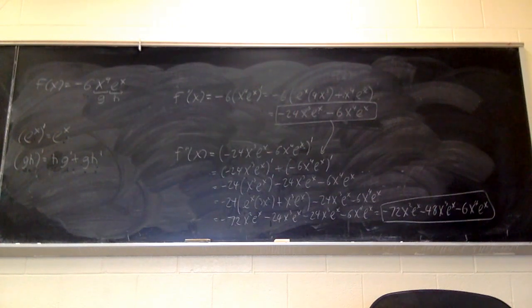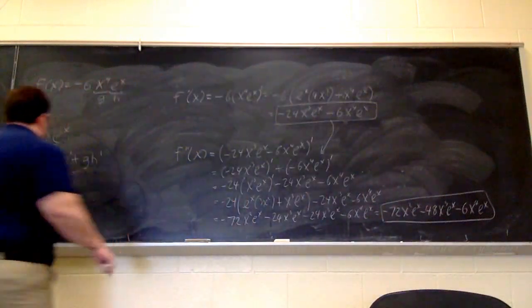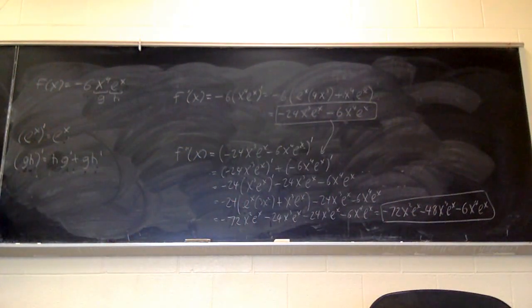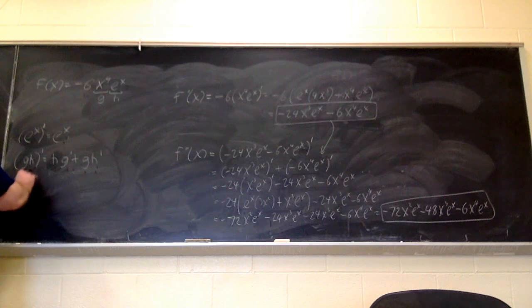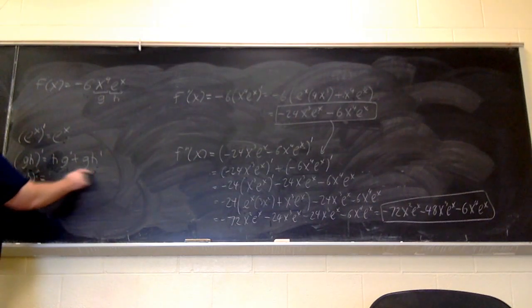I should mention that it's no accident that we got these two like terms, because if I were to apply this product rule to take the second derivative, so gh double prime, then that would involve applying the product rule to each of these terms.